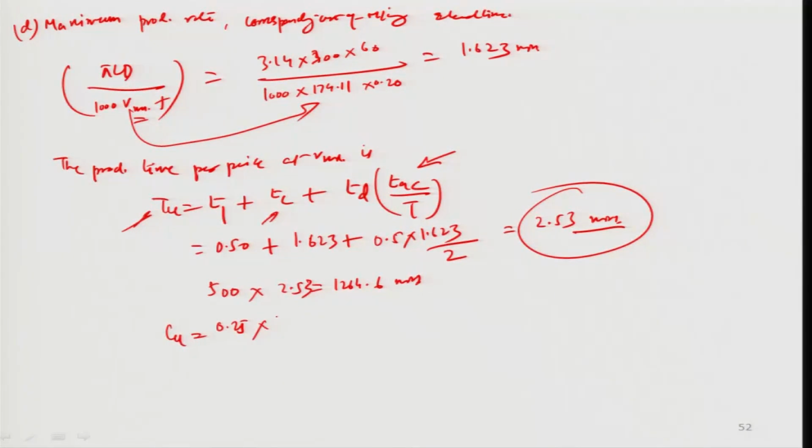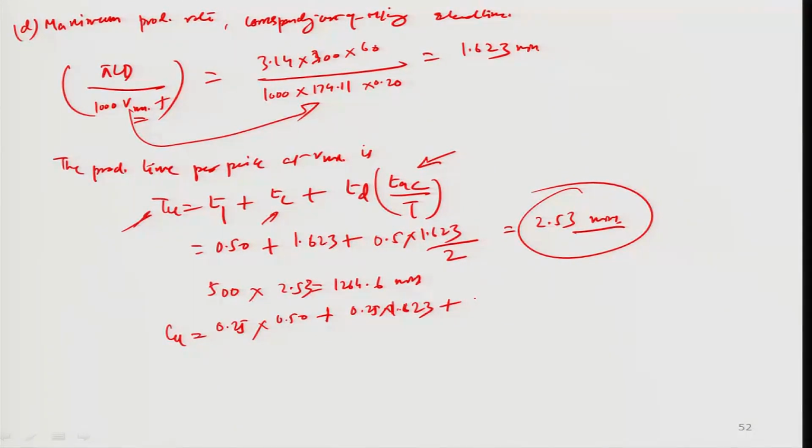And similarly, the total cost at the maximum production rate model comes out to be equal to the non productive cost, 0.25 times 0.50, plus the cost because of the actual cutting time, which is 0.25 times the time of machining an individual component, in this case 1.623, plus the total amount of time for tool changing.